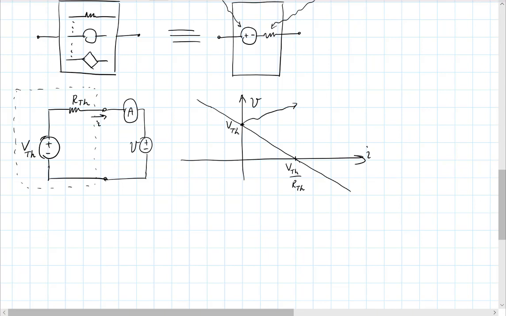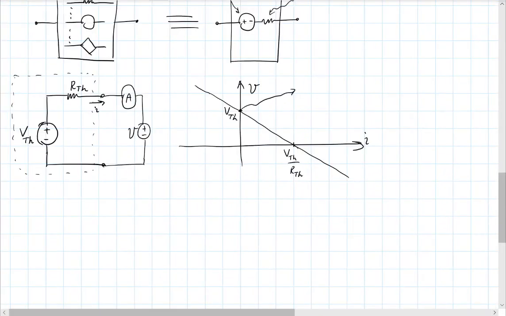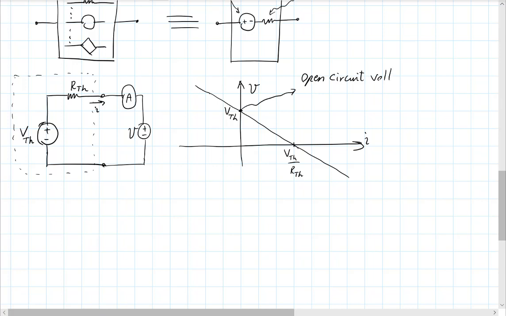You would measure that V Thevenin. Because current is 0, this is called the open circuit voltage. So a general name for this would be VOC.